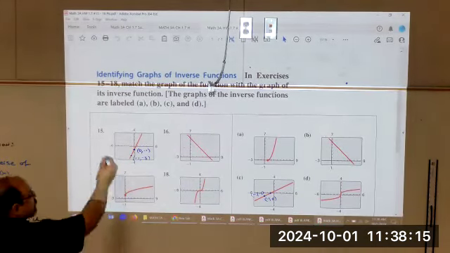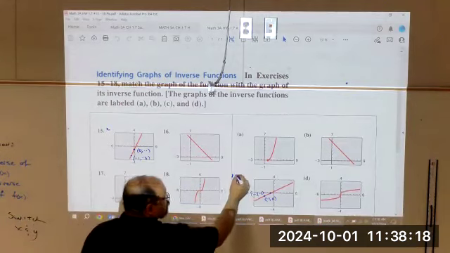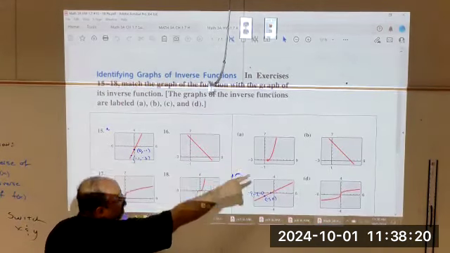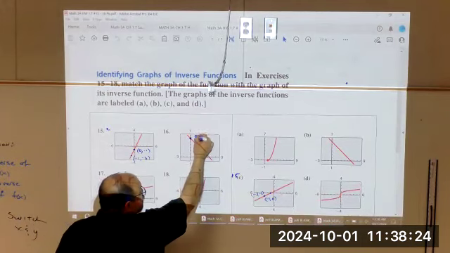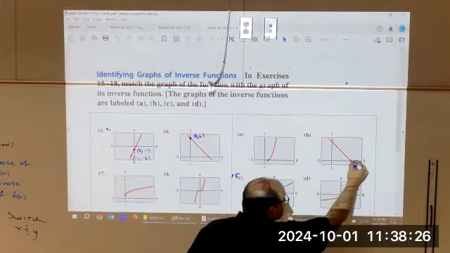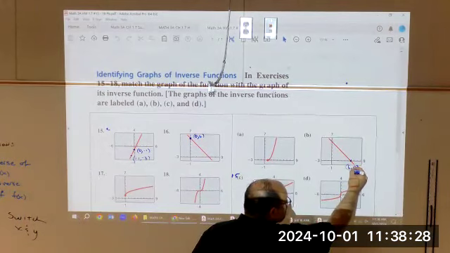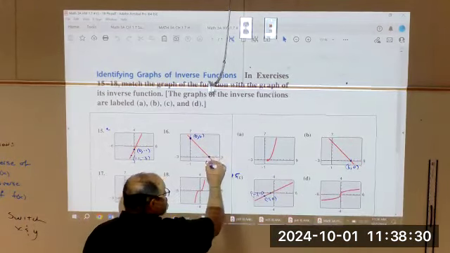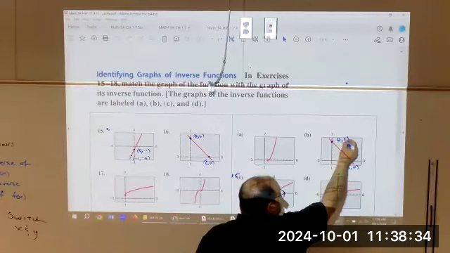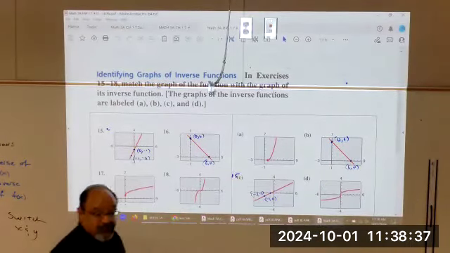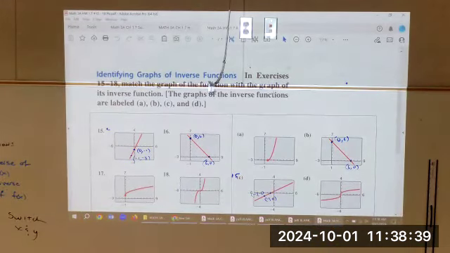So 15 is C. 16, the only other one left over, this right here is 0, 6. So the inverse function has to have 6, 0. And this is 6, 0, so the inverse function has to have 0, 6. Which means since it's the same picture, it's its own inverse, which is a rarity.